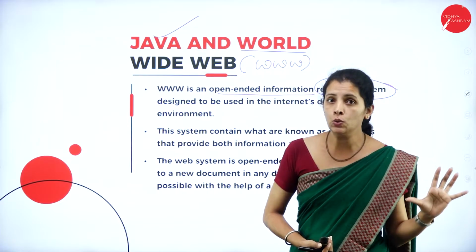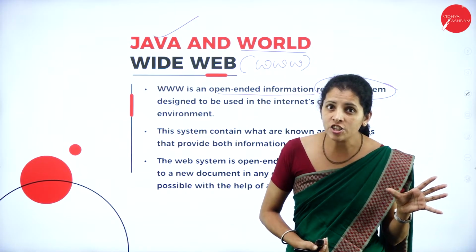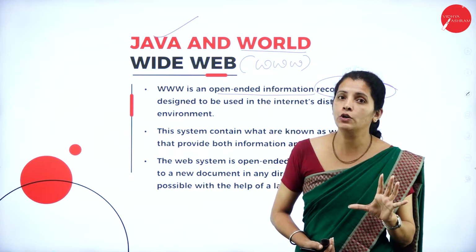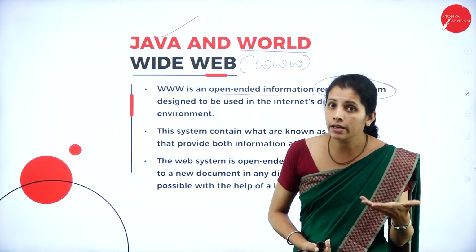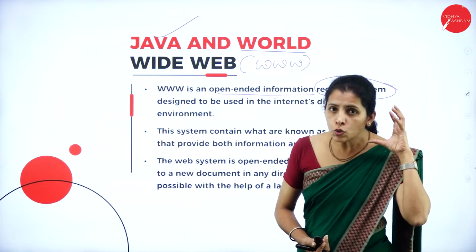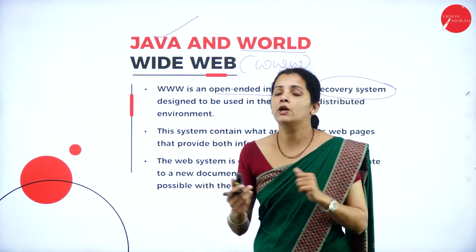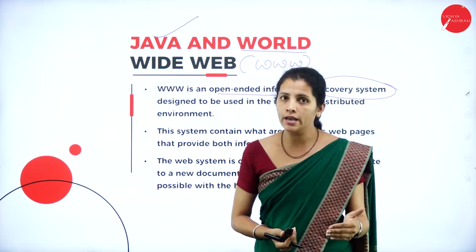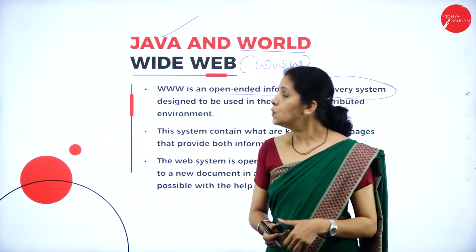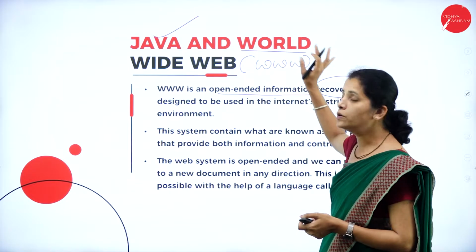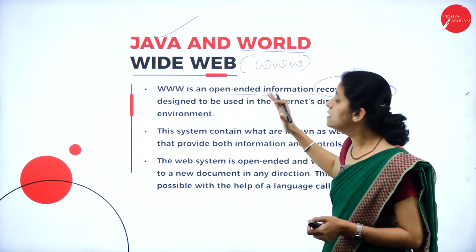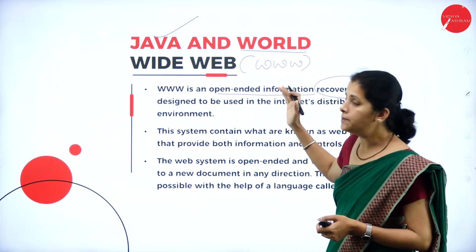So all the users, all the organization or all the business enterprise, they can able to deploy their data, their website, their web pages. To store all these things, I required some storage or I required some repository, and it is known as www, and it is freely available to all the users.